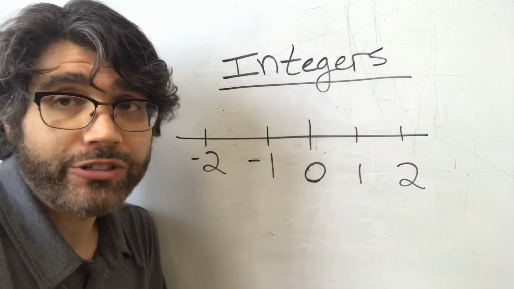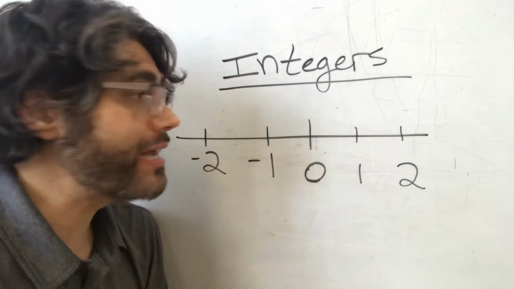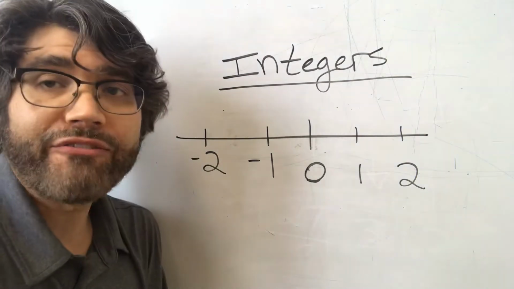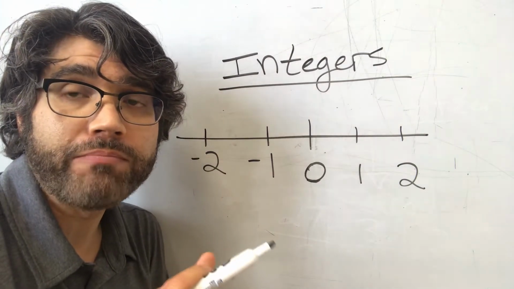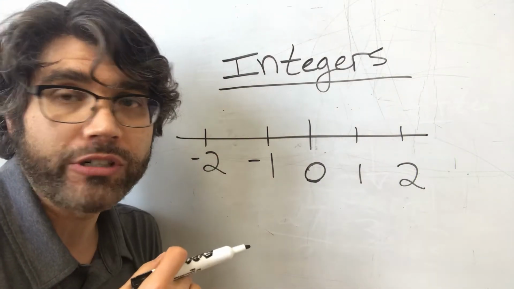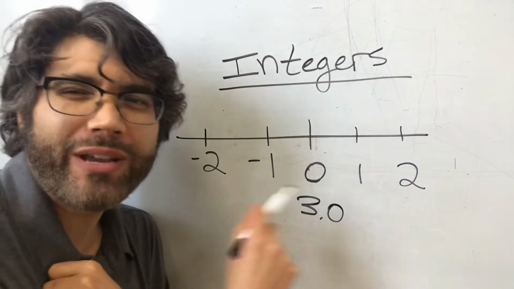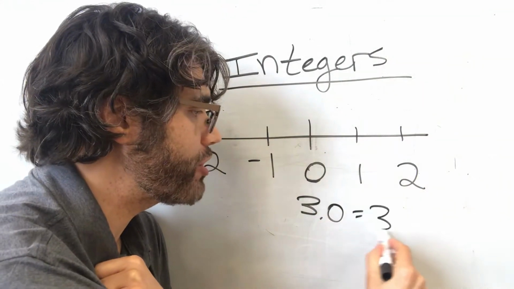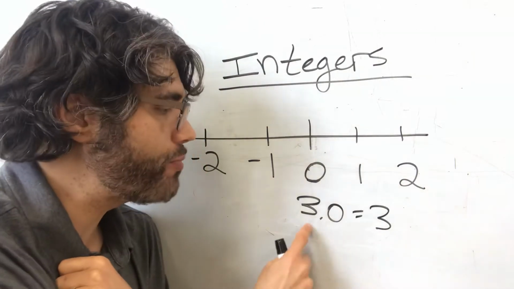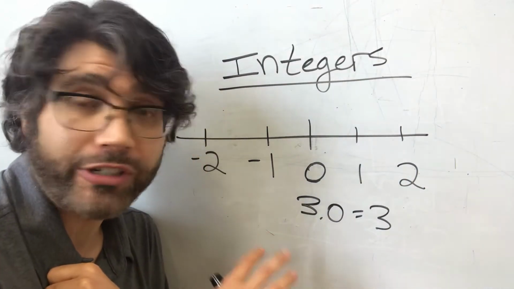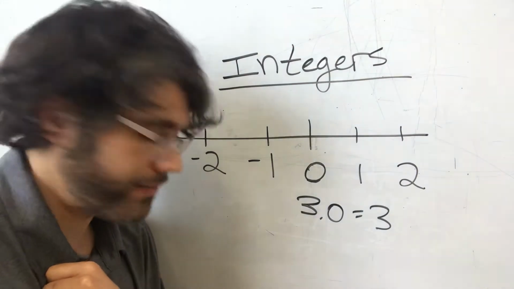And no fractions or decimals, except in the case where a fraction or a decimal can be reduced back to an integer. So for instance, 3.0 really is just 3. And so 3.0 is considered an integer because it reduces down to 3.